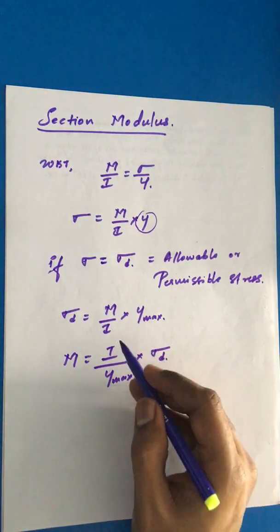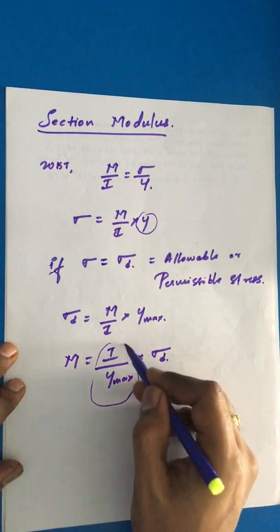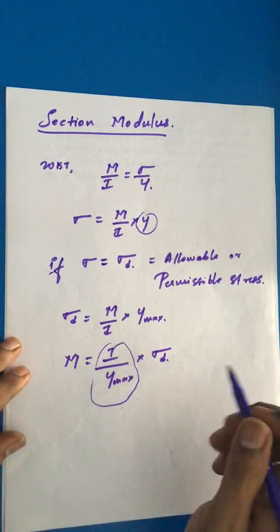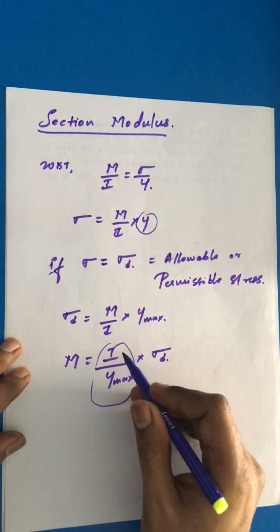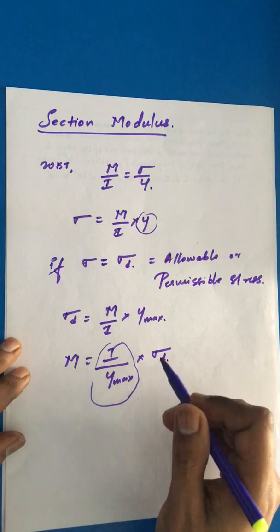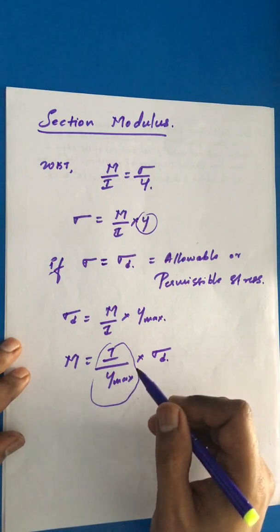Now this I by y max, this parameter we call section modulus, that is the ratio of area moment of inertia and the maximum distance, or basically the distance of the outer fiber from the neutral axis.